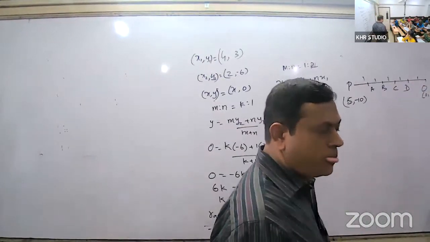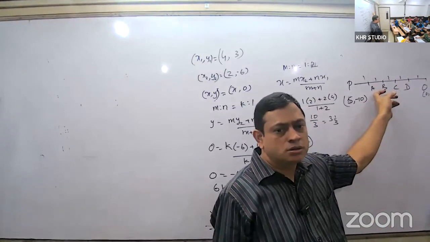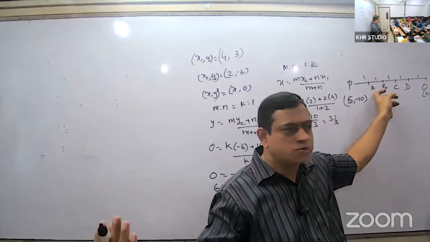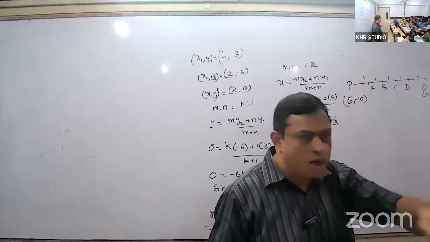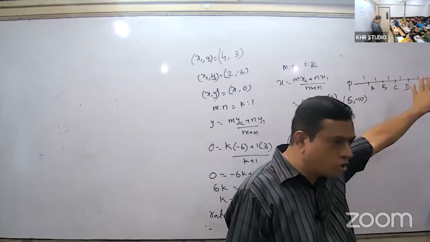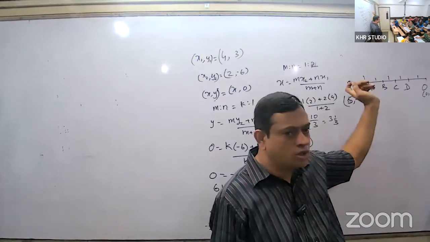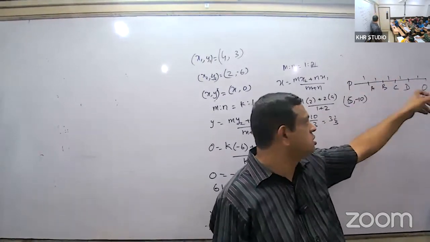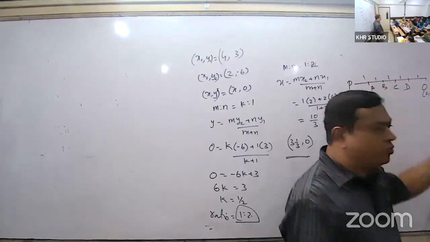Means A divides PO in the ratio 1:4. 1 is to how much? 4. Five equal parts now. B divides PO in the ratio 2:3. C divides 3:2. D divides 4:1.